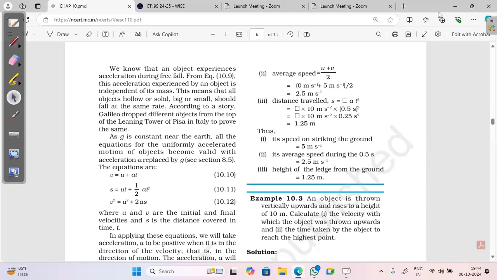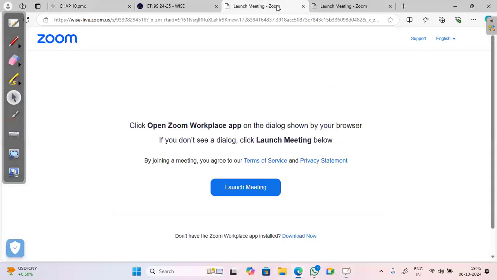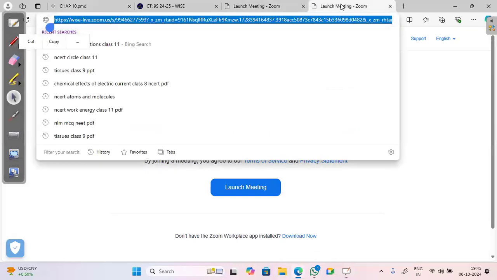So we will be making small changes in our equations of motion which we have studied. Just see, one more thing I wanted to show. If it's possible, I'll show you here.